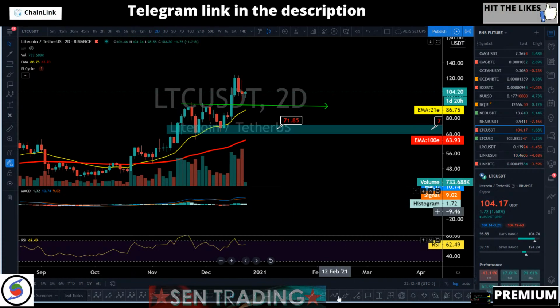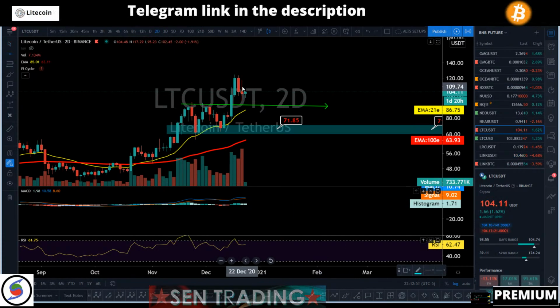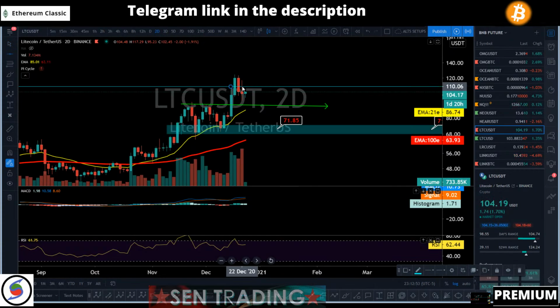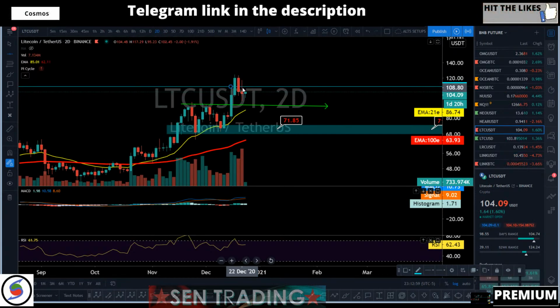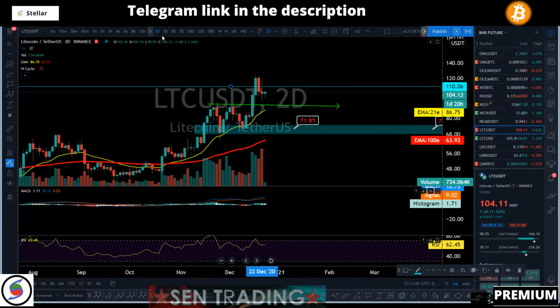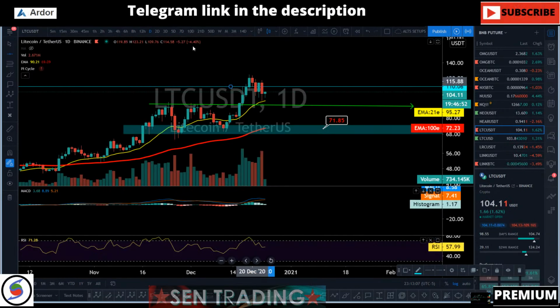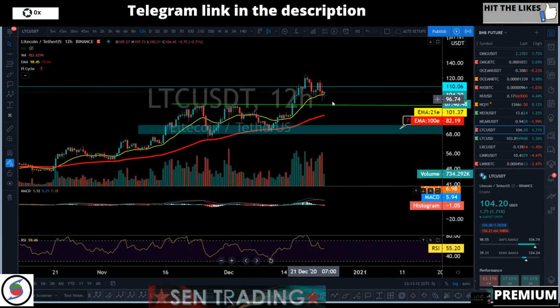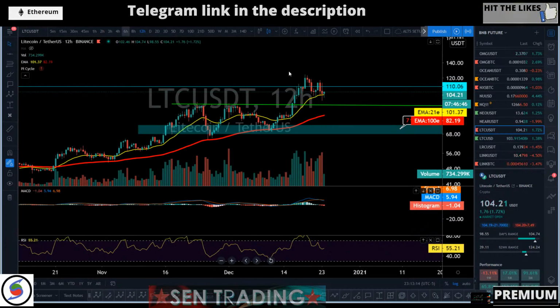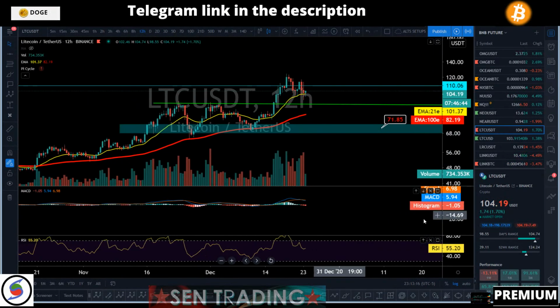So if Litecoin doesn't break above about 110 to 115 on a 2-day basis and close above 120, it could be in trouble. But the daily basis is still bullish, and even down to the 12-hour, price action is still getting support.